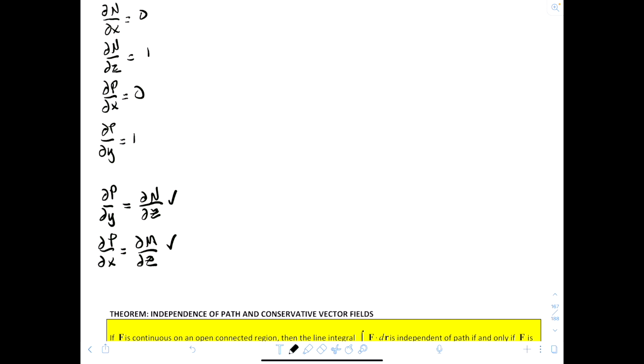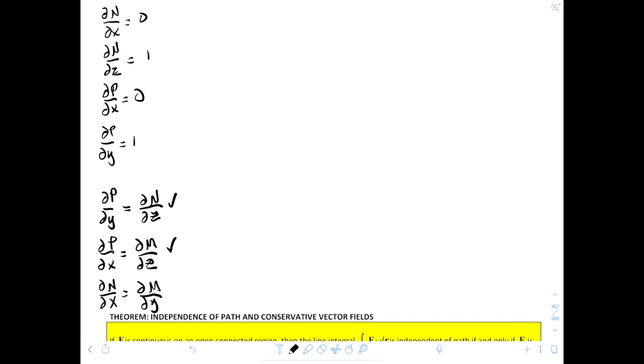The first partial of P with respect to x, does that equal the first partial of M with respect to z? I believe they were both 0, so yes, that works out. And finally, the first partial of N with respect to x, is that equal to the first partial of M with respect to y? And I believe both of those were 0.